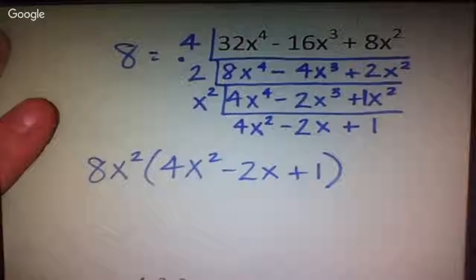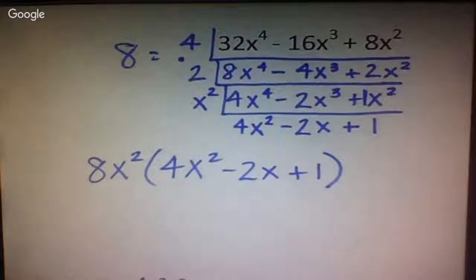The exponent on the outside doesn't have to go evenly into all the exponents. Oh, you're talking variables instead of numbers.